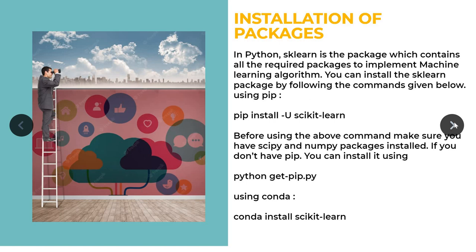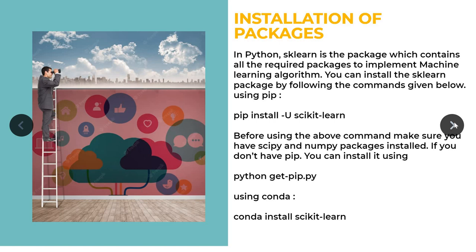Installation of packages. In Python, sklearn is the package which contains all the required packages to implement machine learning algorithms. You can install the sklearn package by following the commands given below using pip. pip install -U scikit-learn.